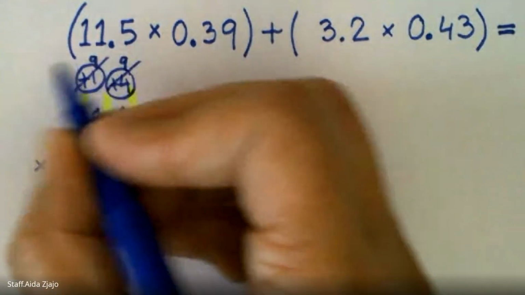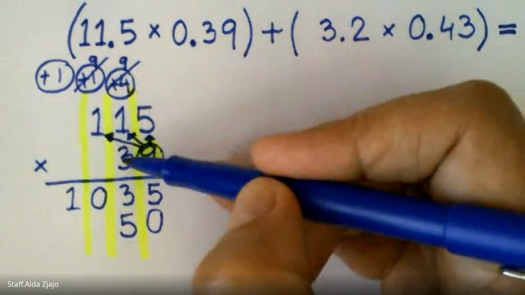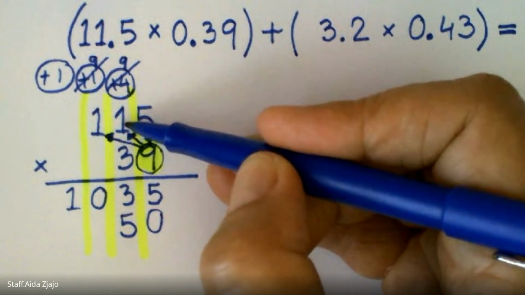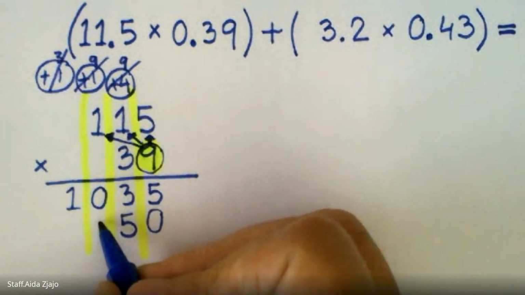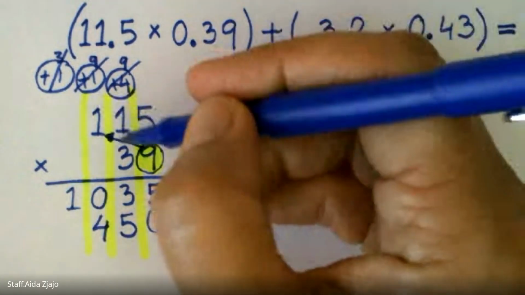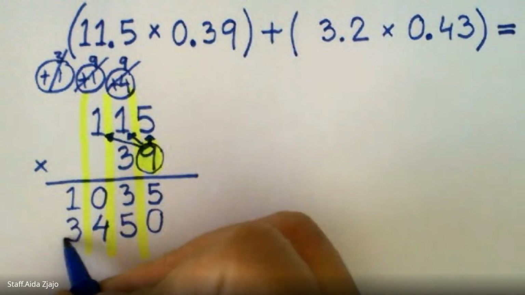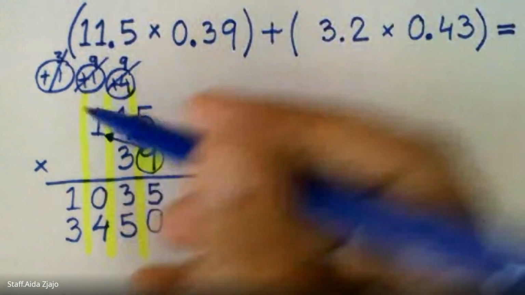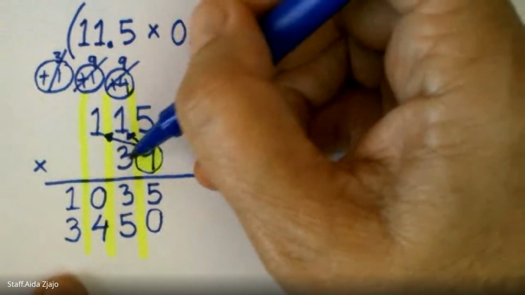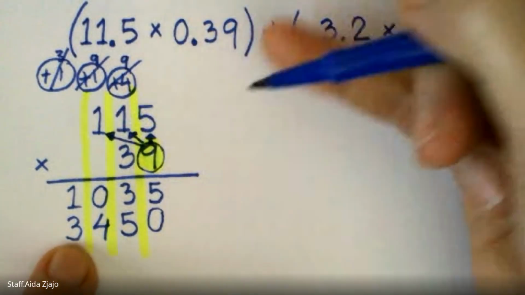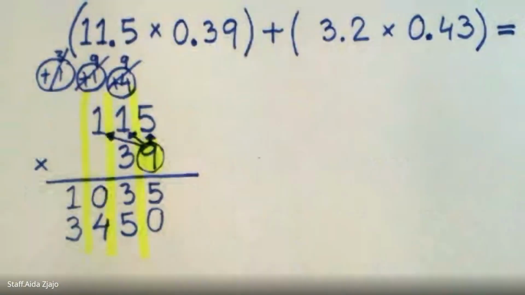Then 3 times 1 is 3, plus 1 is 4, so we write 4 here. And the last one is 3 times 1 is 3. We don't have any remainder. So 30 times 115 is 3,450. Now we're going to add those together.